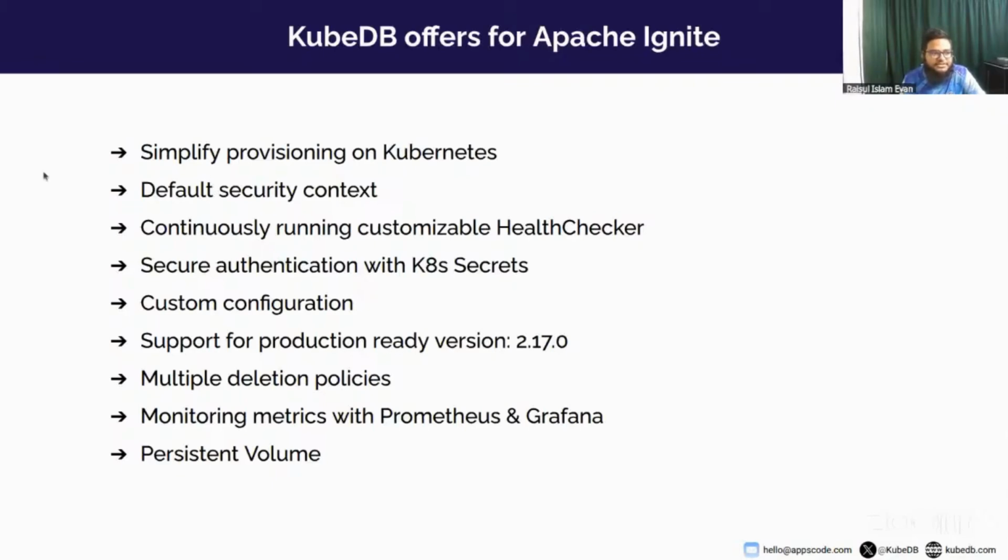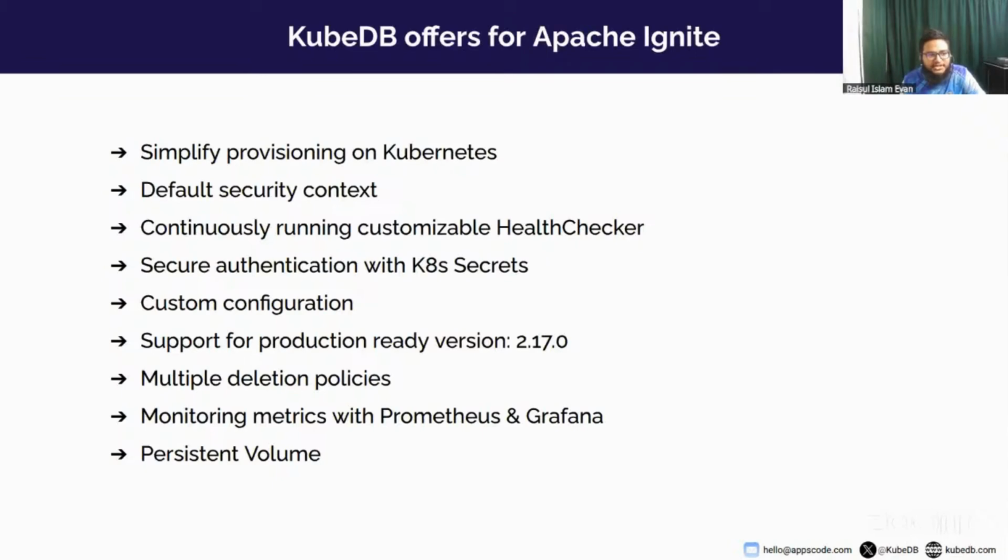Here are various features. It has simple provisioning on Kubernetes. It will set a default security context where you can run all the stuff as a non-root user. It will continuously check the health of the Ignite database within a specific time period. It has secure authentication to the Ignite database using Kubernetes secret.